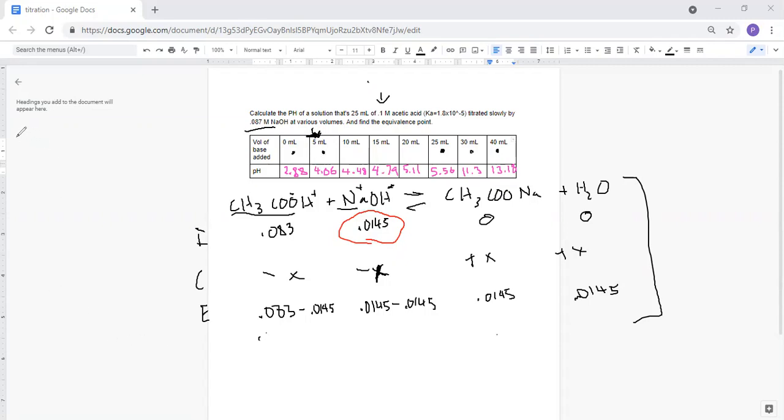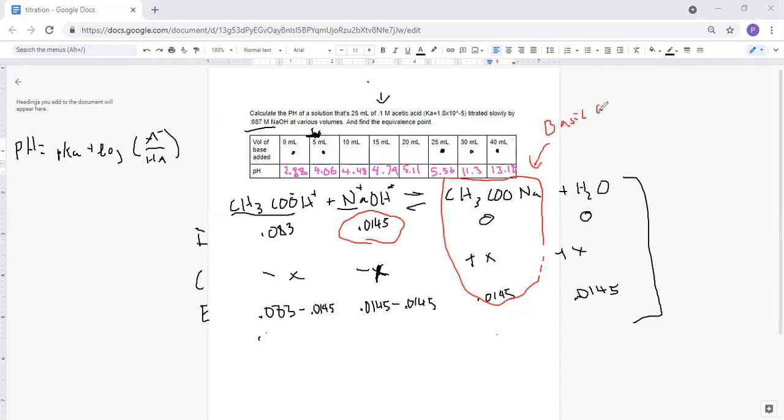So here's the Henderson equation. pH equals pKa plus log of A minus over HA. Well, our A minus is our salt, right? This is our conjugate base, if this is a basic salt. And here's our acid.